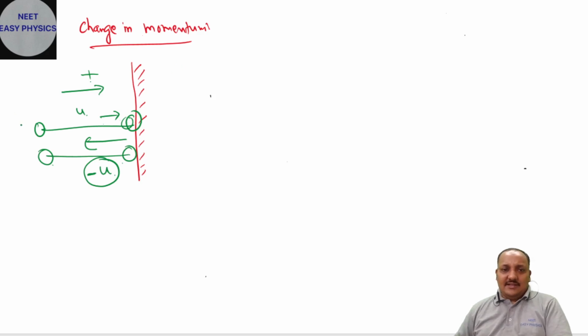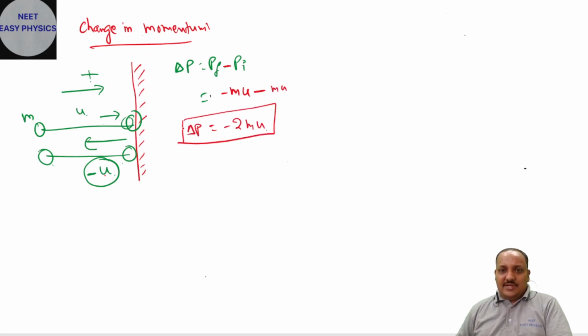Now, what is the change in momentum? Delta p is final momentum minus initial momentum. What is the final momentum here? Minus mu. What is the initial momentum? mu. So minus 2mu. This is the change in momentum.